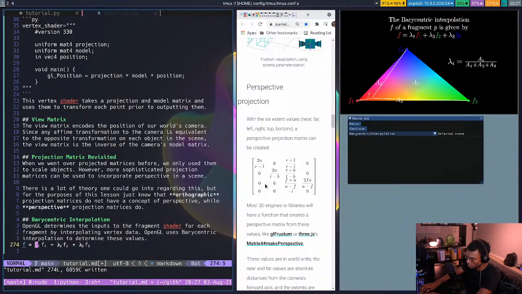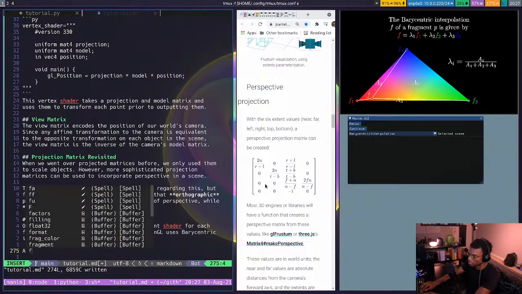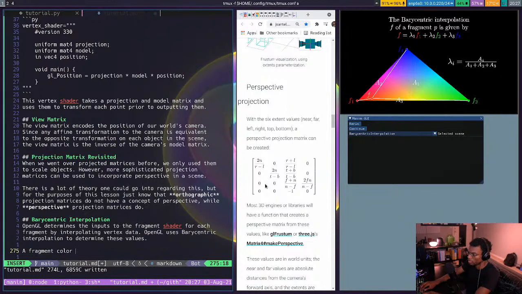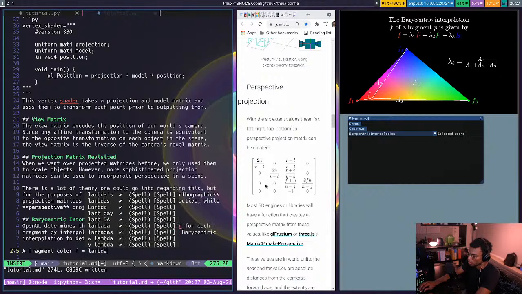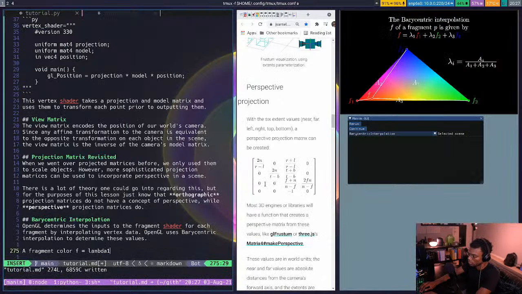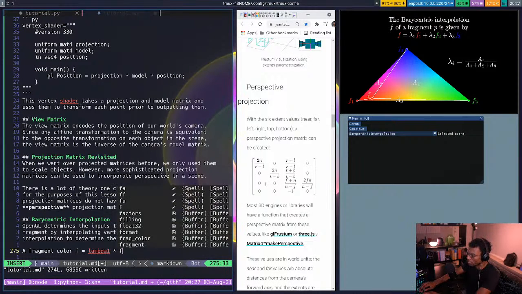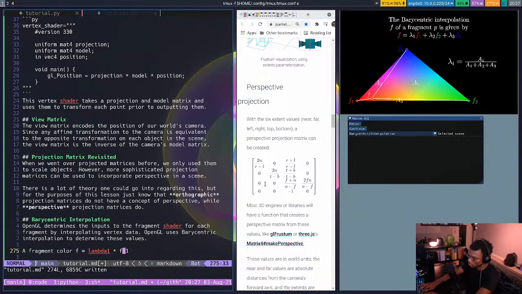That's weird. I guess I can. Fragment color F. It's lambda 1 times what? F1? Here I wish I could use LaTeX.